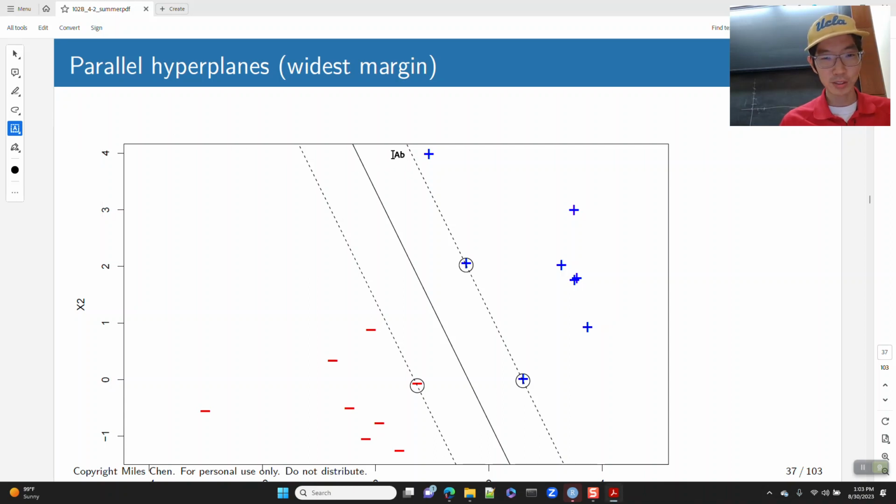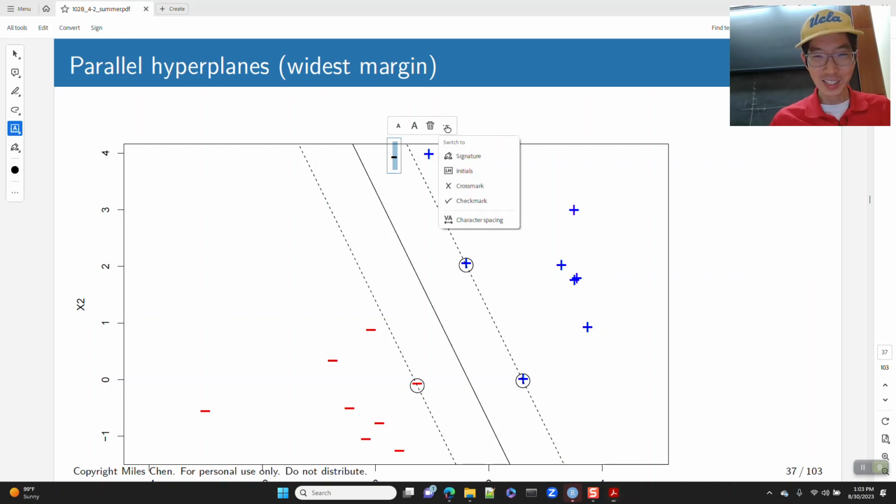Can I just type in a minus sign? Okay. All right. Oh, I want this to be red. Okay, so there we go. So if I add a minus sign here, then what happens?